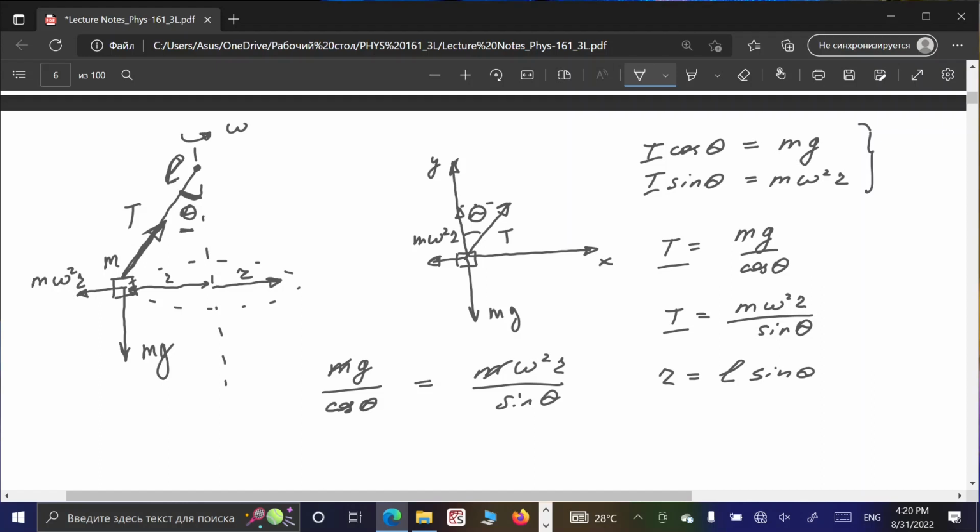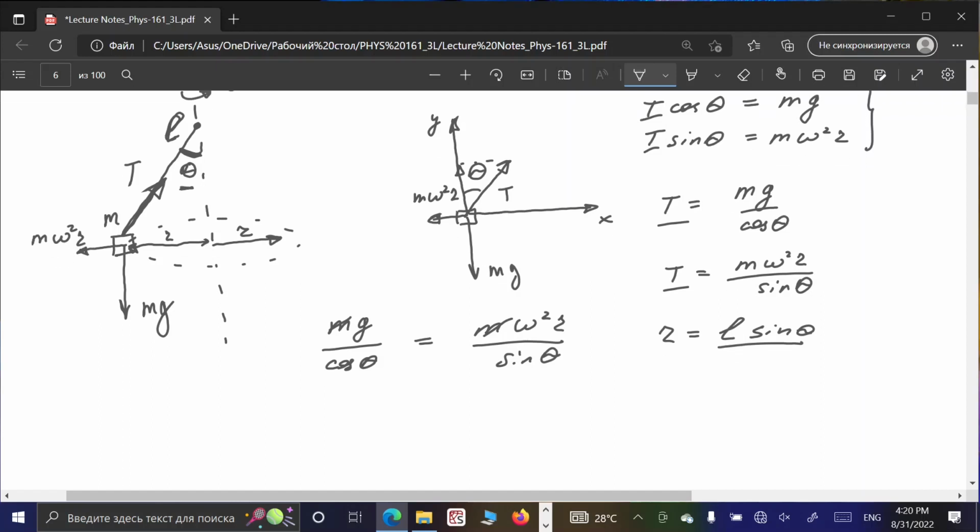So now we can substitute r with known parameters. I mean, known, we know L, the length is given. So that will be g over cosine theta equal to omega squared times L sine theta divided by sine theta.